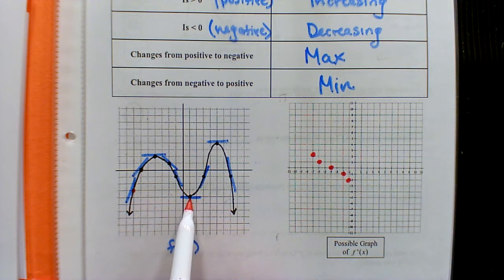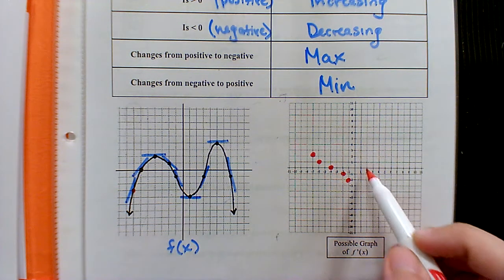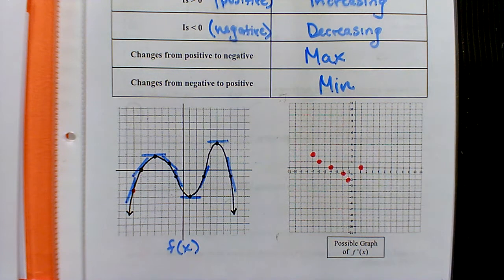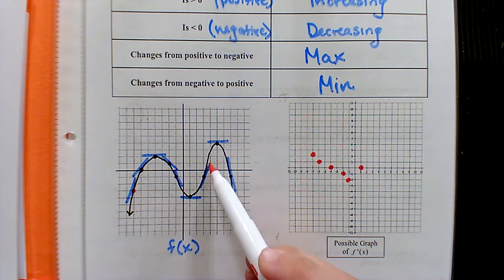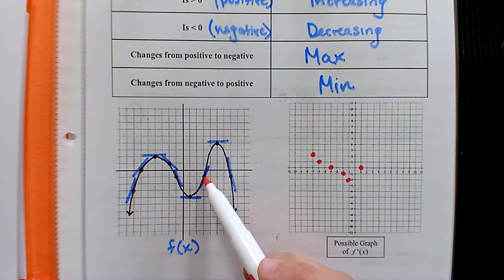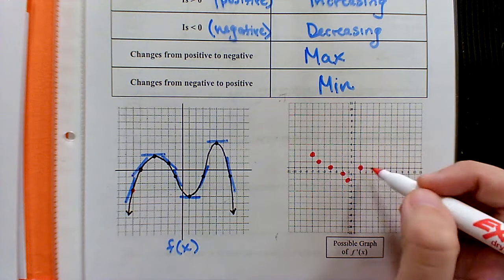All right, looks like our next spot at 1 is a minimum. We know the derivative or slope there is going to be 0. Okay, horizontal tangent line. Our next location's at 3. That slope, perhaps, looks like about 2.